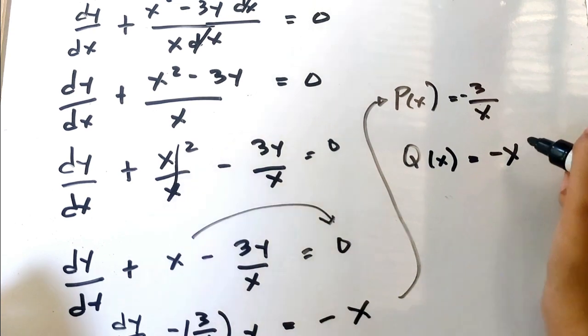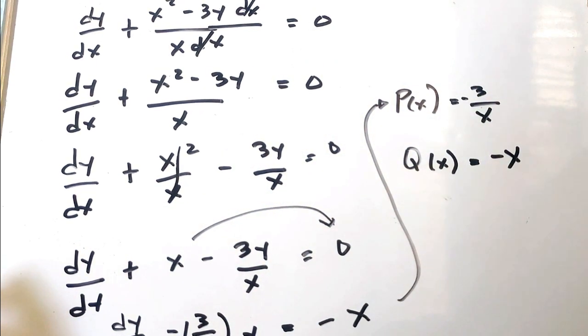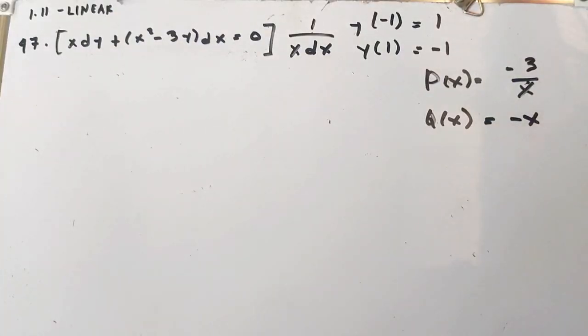So we can now use the formula of linear in y. We have now the p of x and the q of x, so we will apply the formula which is linear in y.